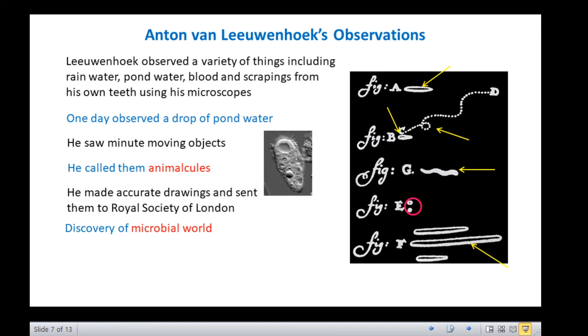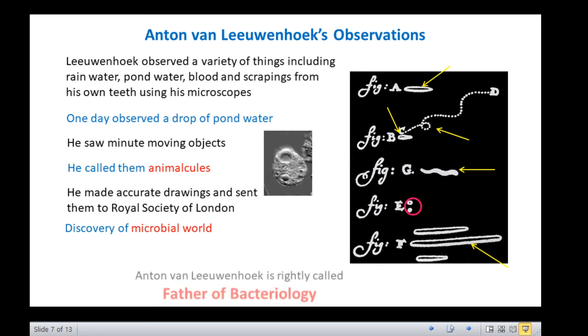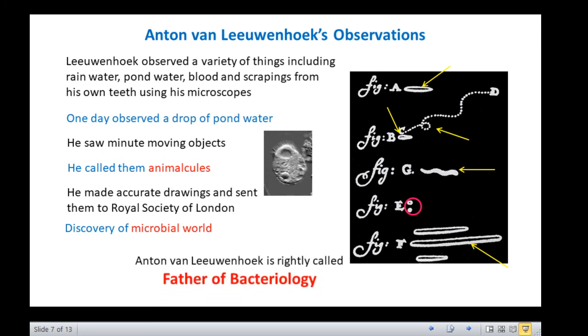The specimens were found to be of good quality and remarkably well preserved. Ford carried out observations with a range of microscopes, adding to our knowledge of Leeuwenhoek's work. For his contributions in microbiology, Antony van Leeuwenhoek is rightly called the father of bacteriology.